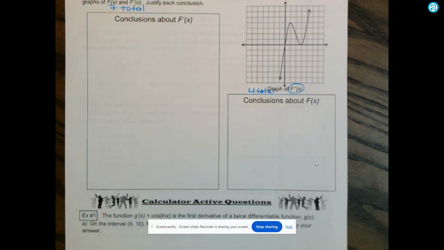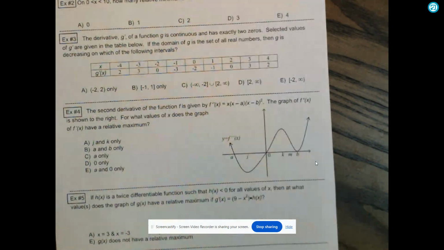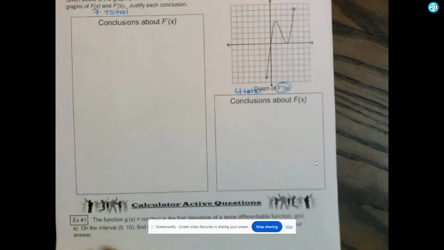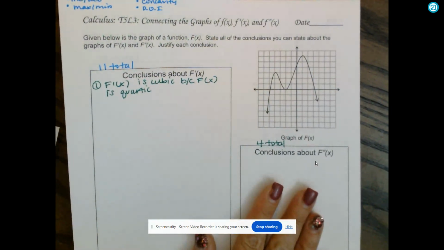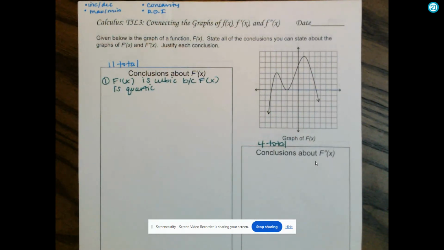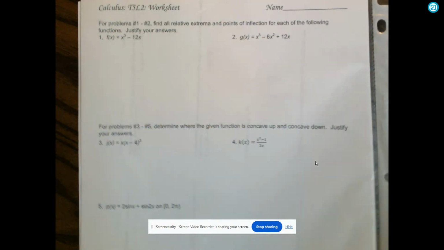You are also going to work on example 1 through 6 of the calculator active questions on this topic. That is what you're working on right now. After this, your homework is from Friday, the test 5 lesson 2 worksheet.